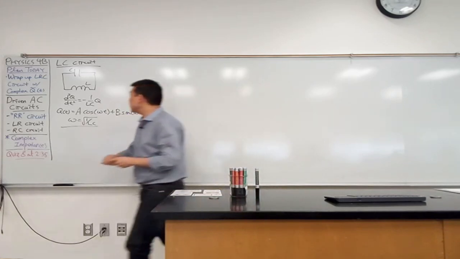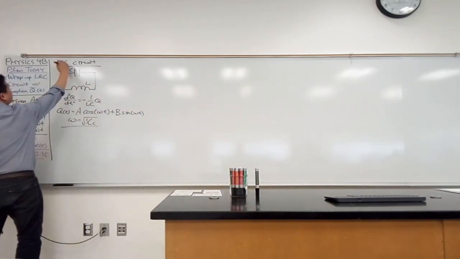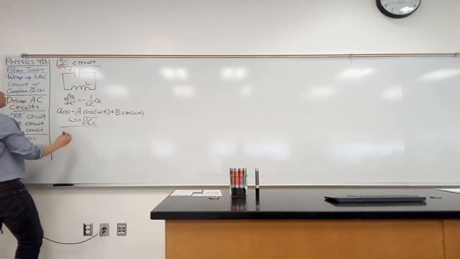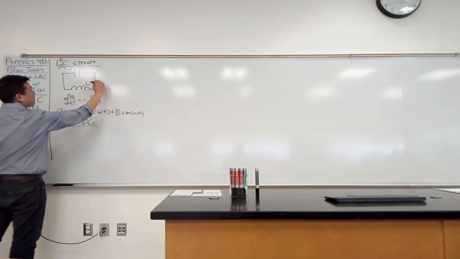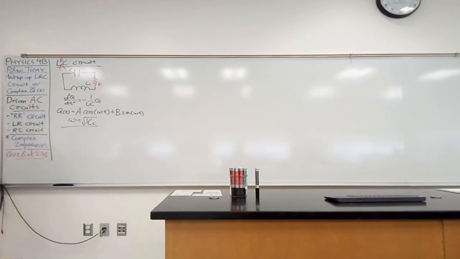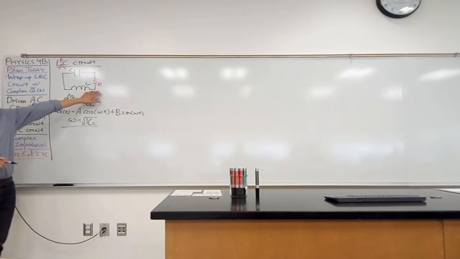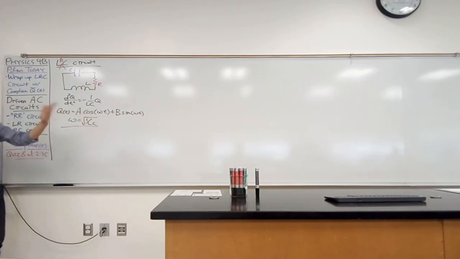So the more realistic system is really the LRC circuit, and the way you model it is with a resistor that's somewhere here. And when we start looking at it, this gets fairly complicated. And if we try to do it the exact same way we did for the simple harmonic oscillator in Physics 4A, it gets much more difficult.